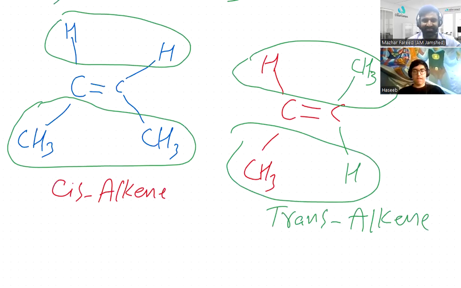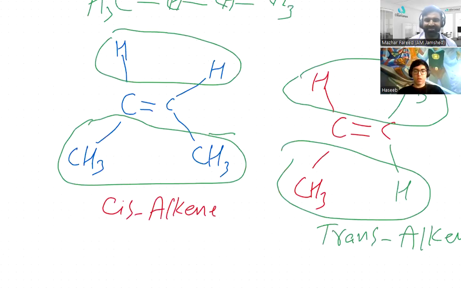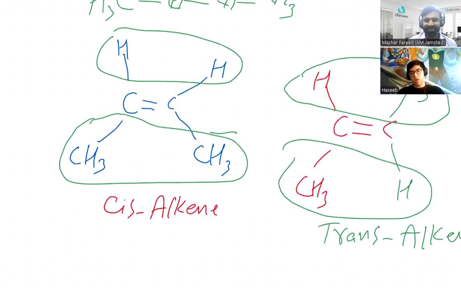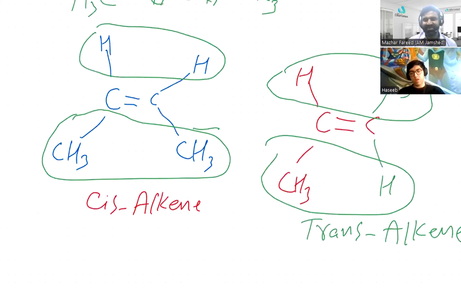You can see in cis, this carbon is also attached with a different atom. This carbon is also attached with a different atom. You cannot place hydrogen here and hydrogen here. But you have to see the different orientation of groups in the space. So this is called cis-trans geometric isomerism.